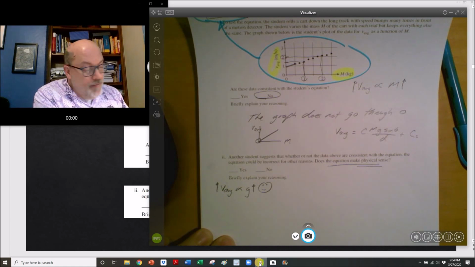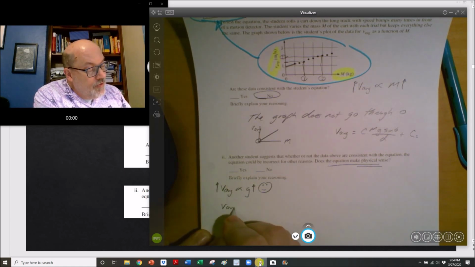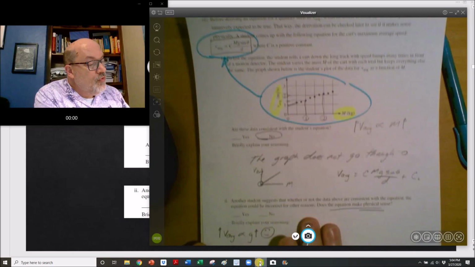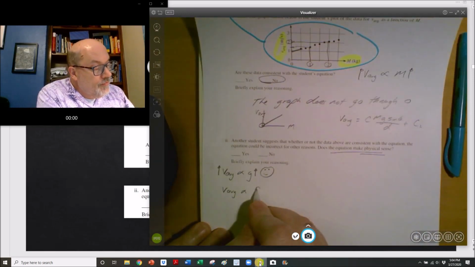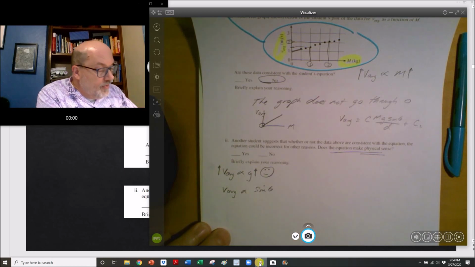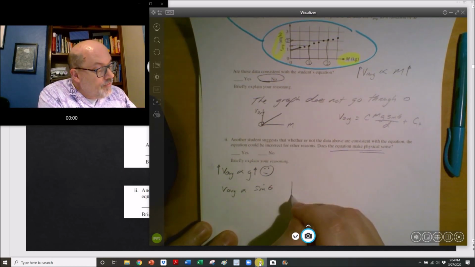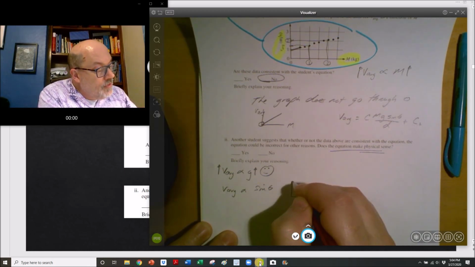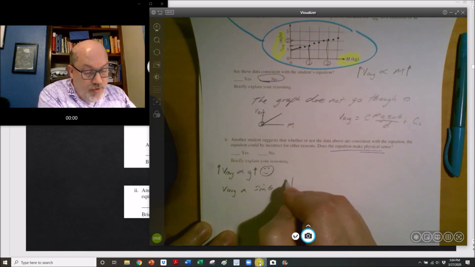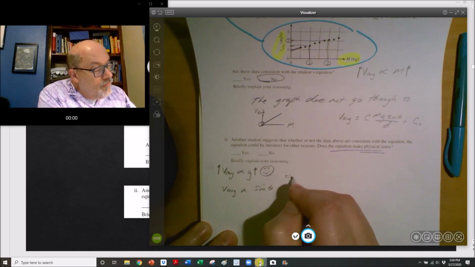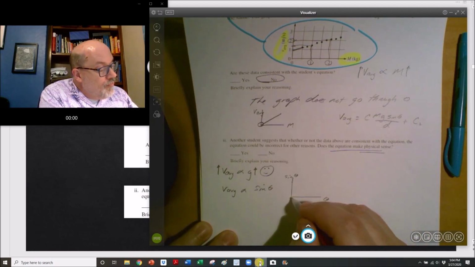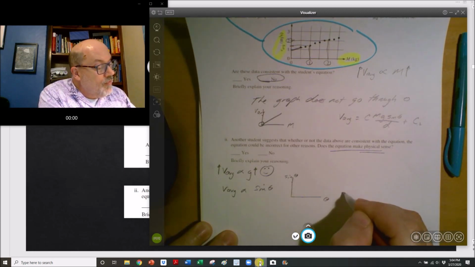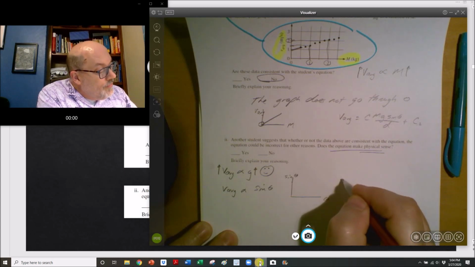So happy face there. How about V average is proportional to, this is in the numerator, sine theta? This one's a little harder. So let's take a look at the sine equation, what the graph looks like anyway. So sine of theta and theta. So if you remember from math class, this is a sine wave, right?